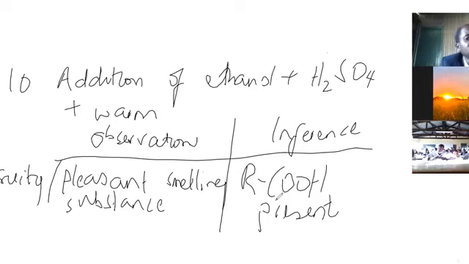The observations are the same, but the inference here would now be ROH and not RCOOH. That is, if you add ethanoic acid plus sulfuric 6 acid plus warming, and get a fruity or pleasant smelling substance, the inference now would be ROH present.